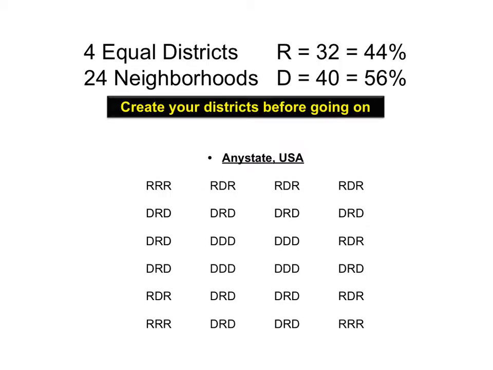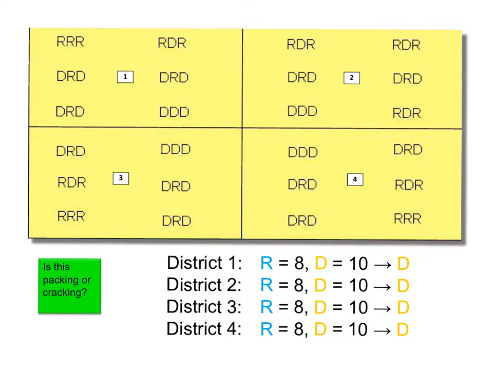So now it's time to try your hand at gerrymandering. If we have 4 equal districts with Republicans equaling 44% and Democrats equaling 56%, you need to create your districts, and then try to figure out a way to redraw them. So stay with me here and look at the slide. If we look at some of these districts, up here we see all Republicans.